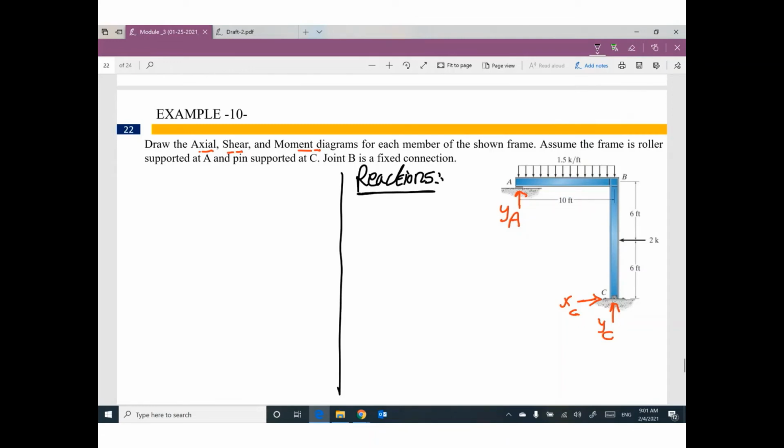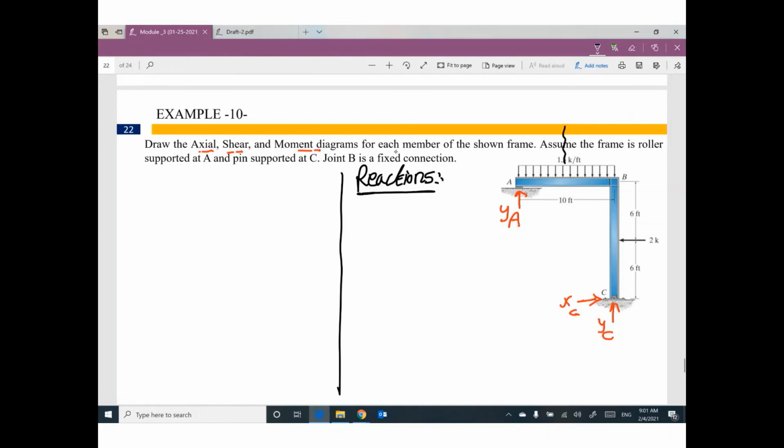No. Do you need to do separation before starting to do reactions? No, we don't need. So I didn't do any separation.